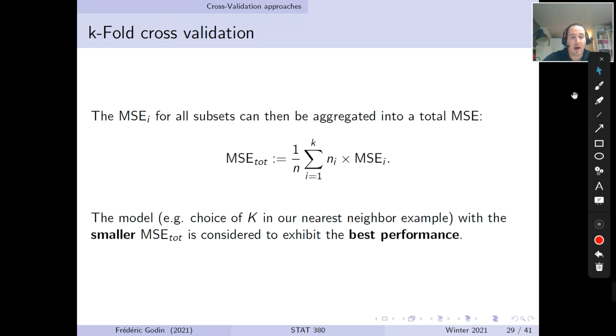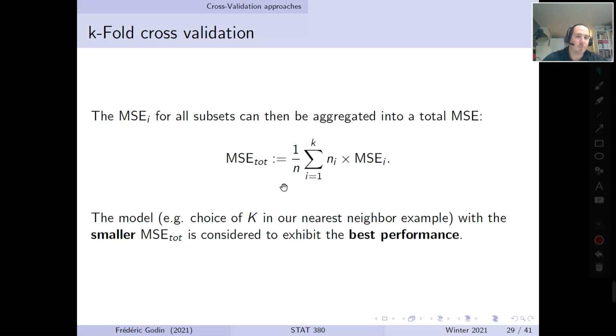And then at the end, as we mentioned, we need to pool the MSEs across all subsets. To pool them, you just take the average squared error across all the observations in all sets. So you sum across all the k subsets n_i times MSE_i. n_i times MSE_i is simply the sum of squared errors in subset i, and then you take an average across all observations from all subsets.